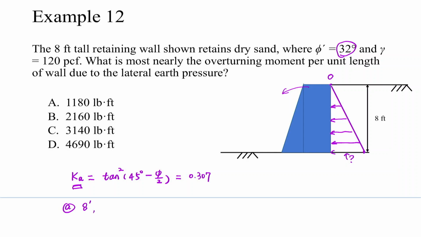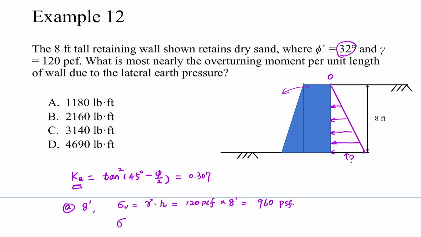vertical pressure first. At 8 feet, your sigma v, the vertical pressure, is basically gamma of the soil times the height of the soil, or the depth of the soil, whatever you call it. That is 120 PCF times 8 feet, and that would be 960 PSF.